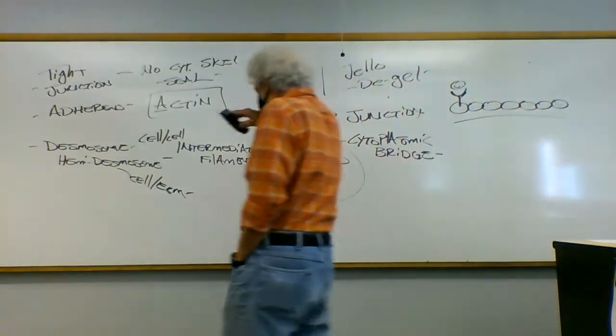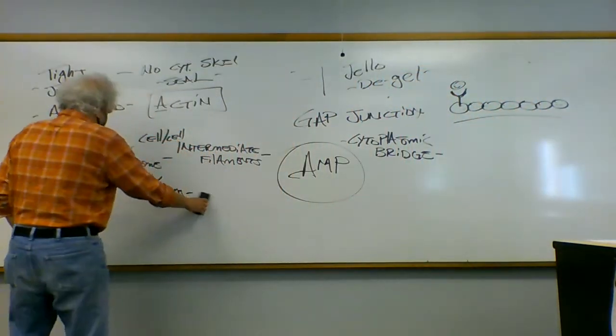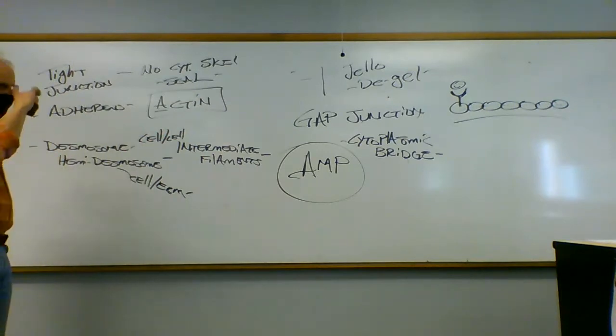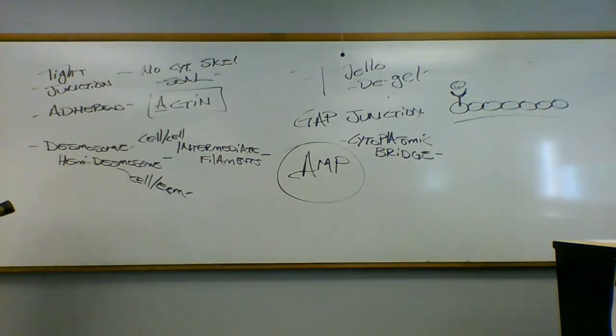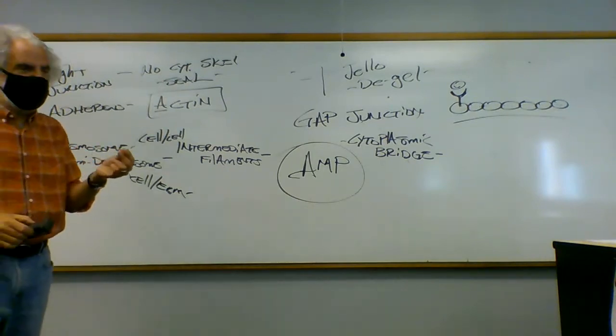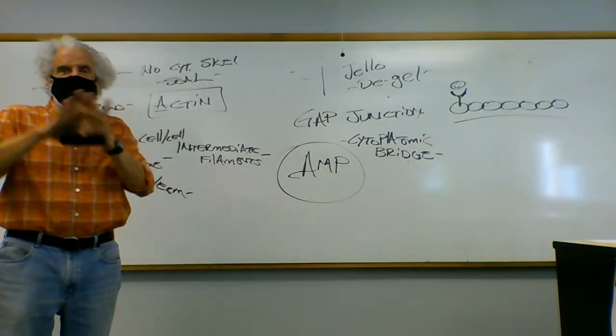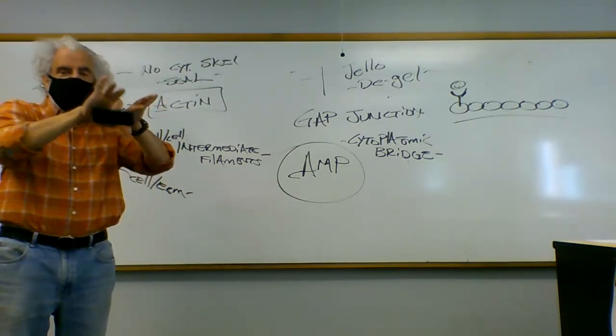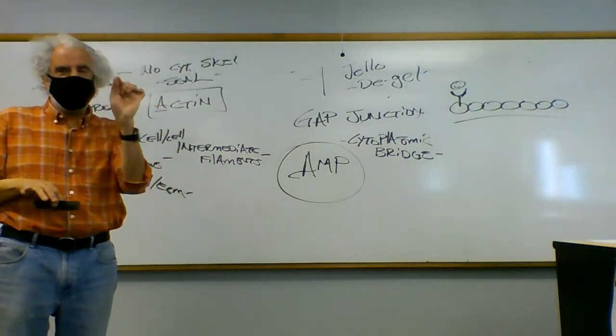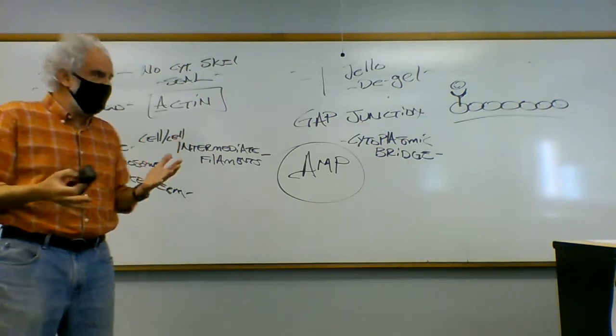But to the point, we've been covering the different kinds of junctions, and we've got tight junctions that are essentially sealing up the epithelial sheet. There is not a whole lot of cell adhesion or structural elements. The cell adhesion point isn't being transferred into the cytoplasm.